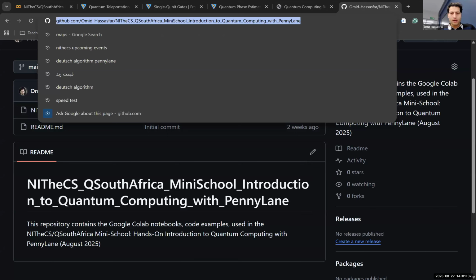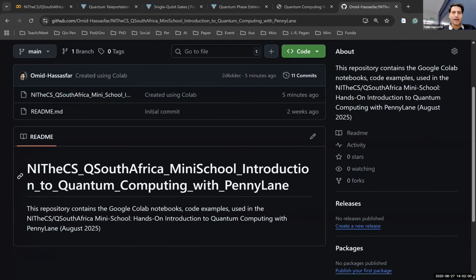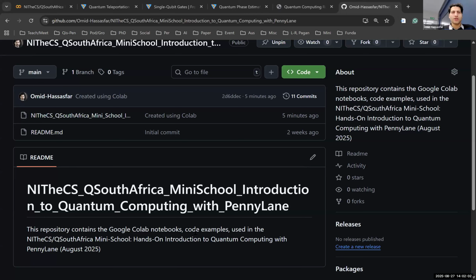If you check the chat, you can open this GitHub page, and in it there is a single Jupyter notebook with all the resources and all the code that I use. I assume everyone has access to this Jupyter notebook.